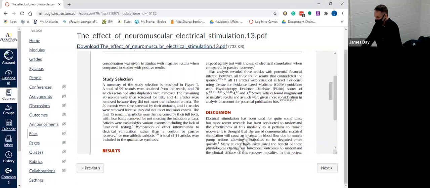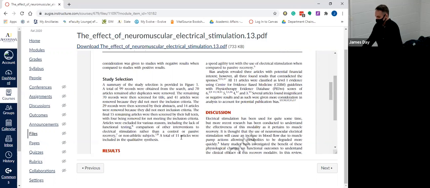So in this case, articles were excluded for the lack of functional testing, comparison of other interventions to electrical stimulation rather than a control or passive recovery, or non-athletic subject. So there's the 4: 1, 2, 3, and 4. All right.